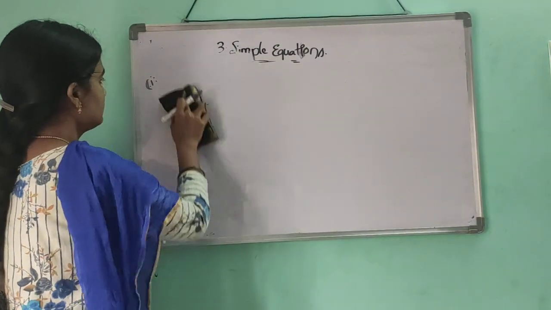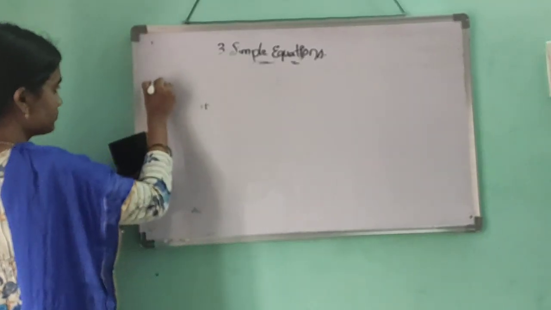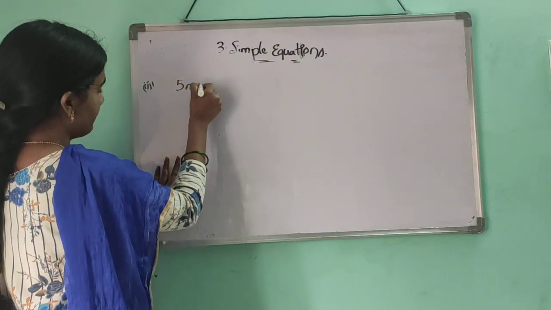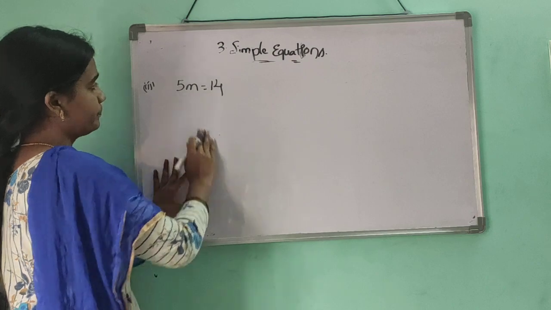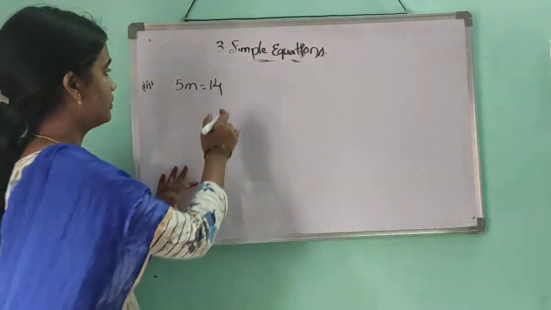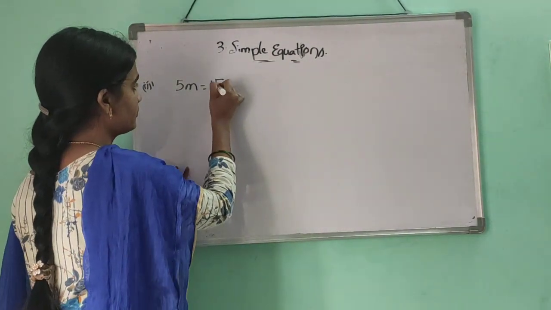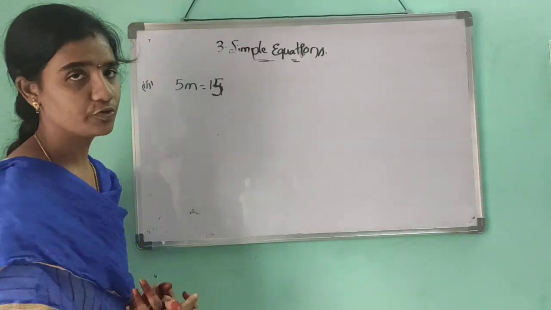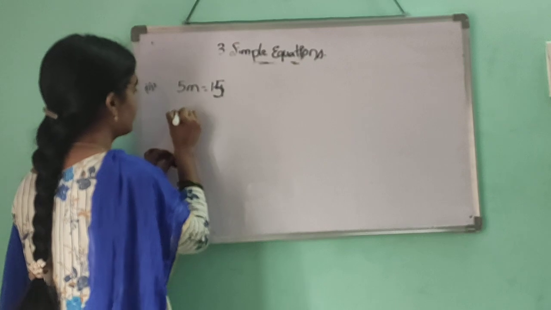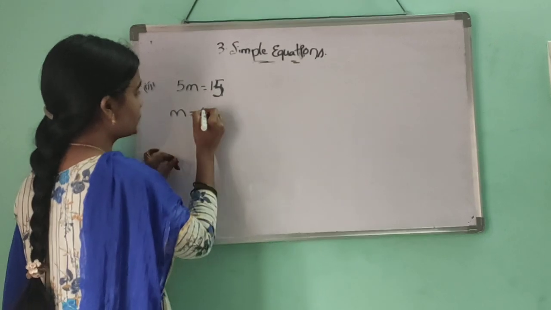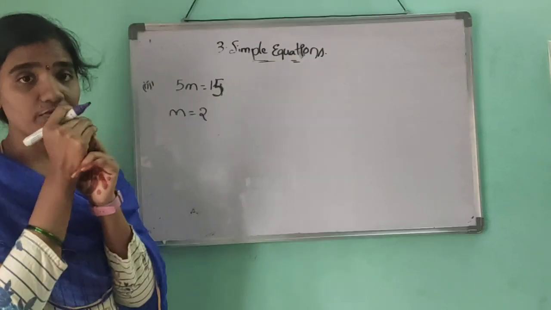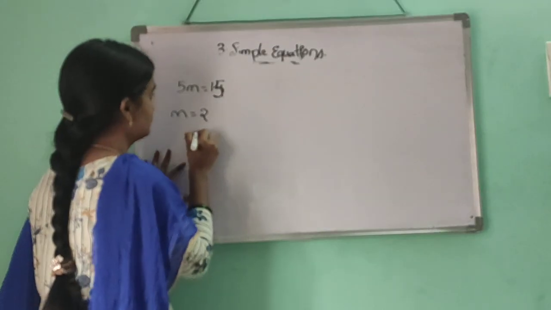Coming to the third one. 5m is equal to 15. In this given sum, the variable is m. So we have to substitute values of m, starting with 1.